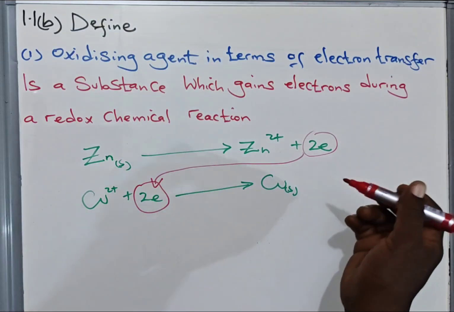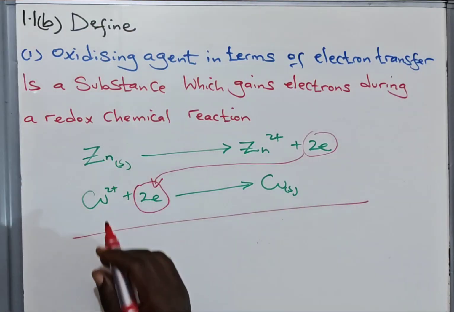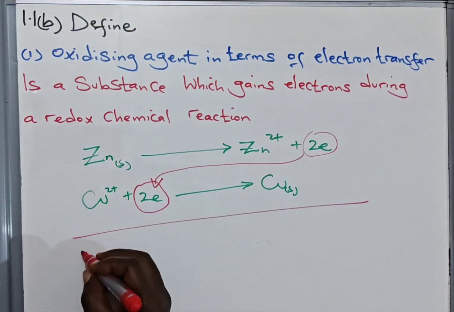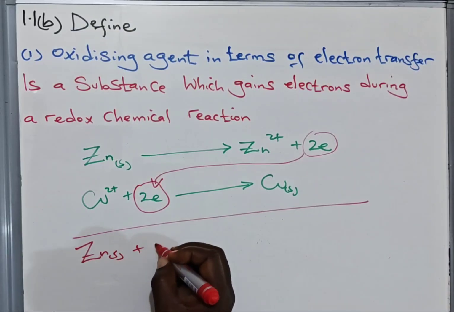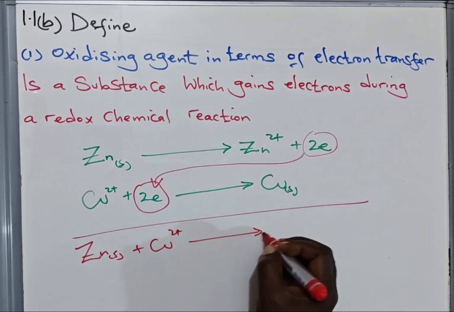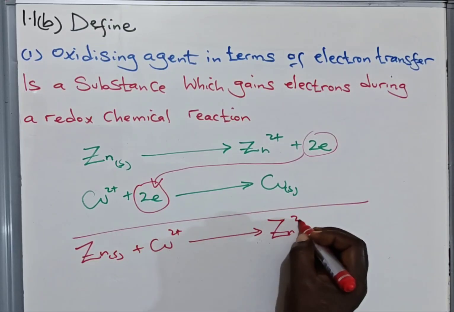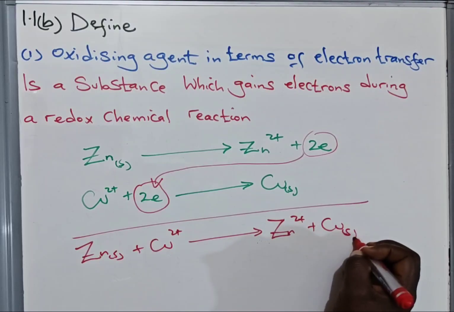So in this aspect, what we are going to have is our net, and our net is going to be zinc solid plus copper 2 plus, giving us zinc 2 plus ions plus copper solid.